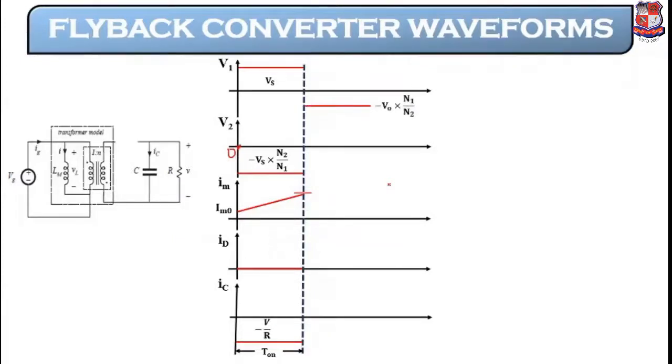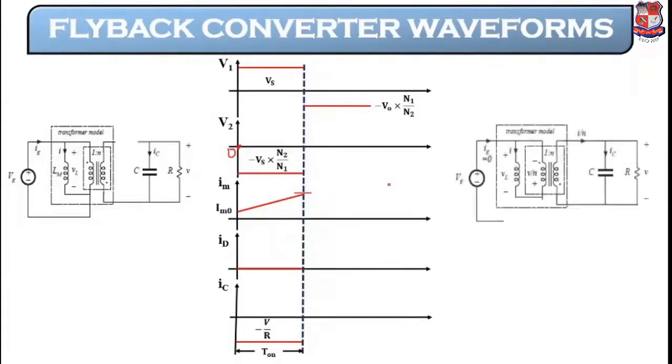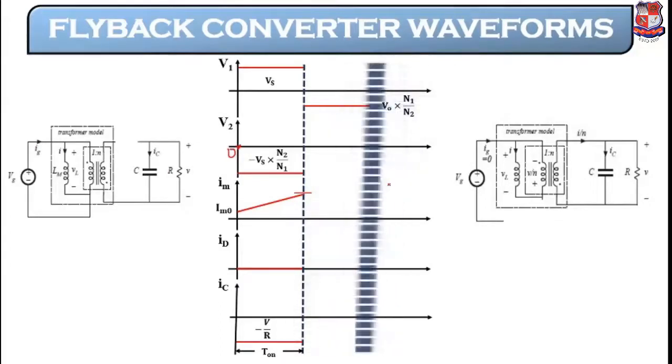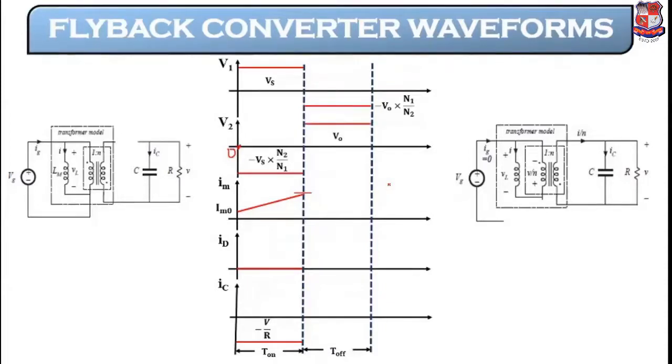Now when the switch is off, we know that V1 was minus Vo into N1 by N2, and there is some portion for T off. When the switch is off, V2 was equal to the output voltage. The current decreased from some maximum value, Im1, to again Im0.